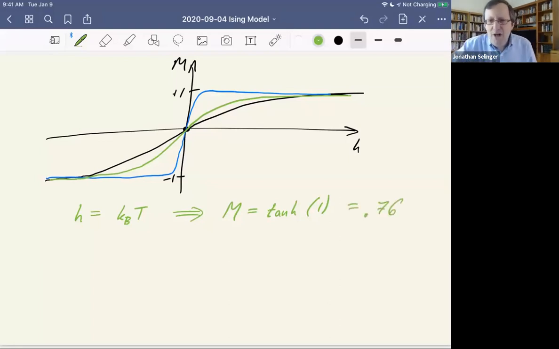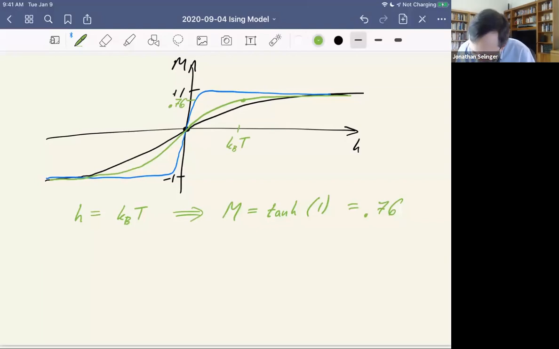So when is m equal to 0.76? That is when h is equal to kT.